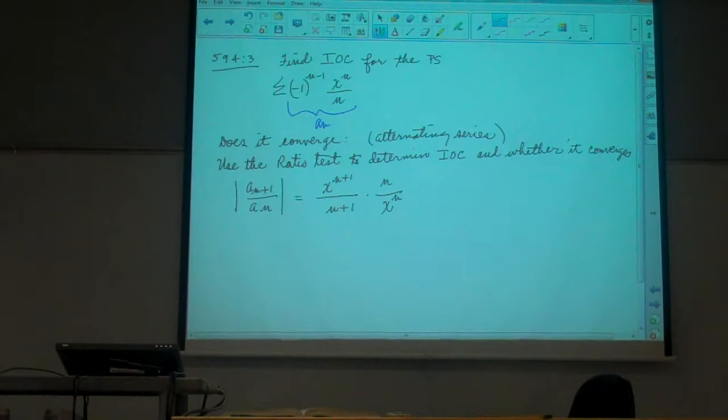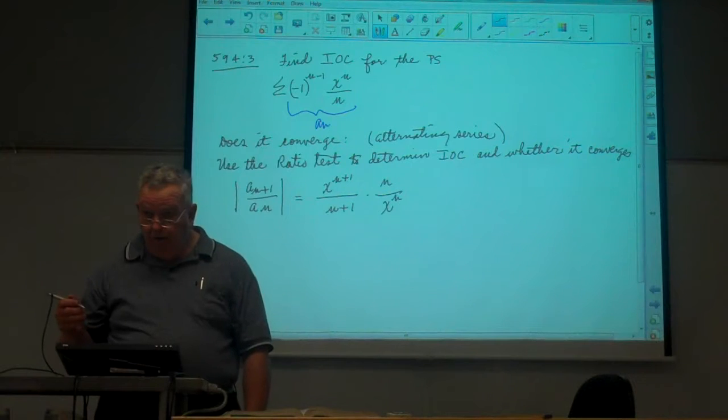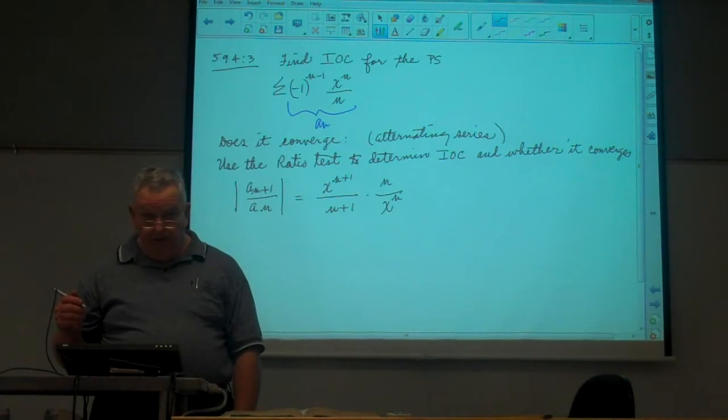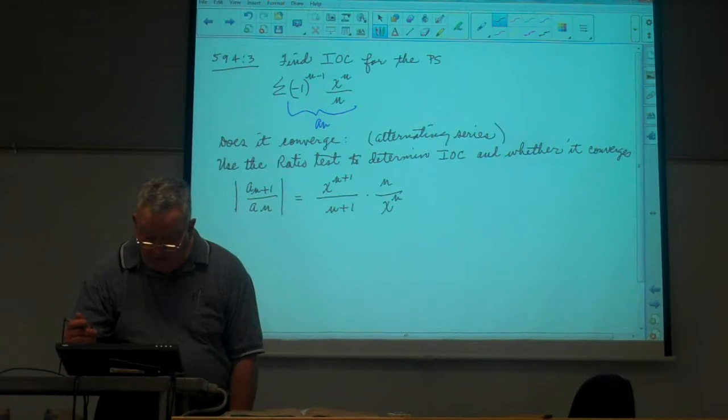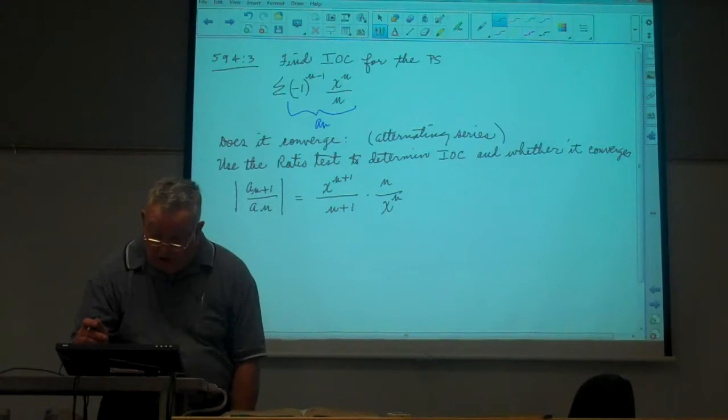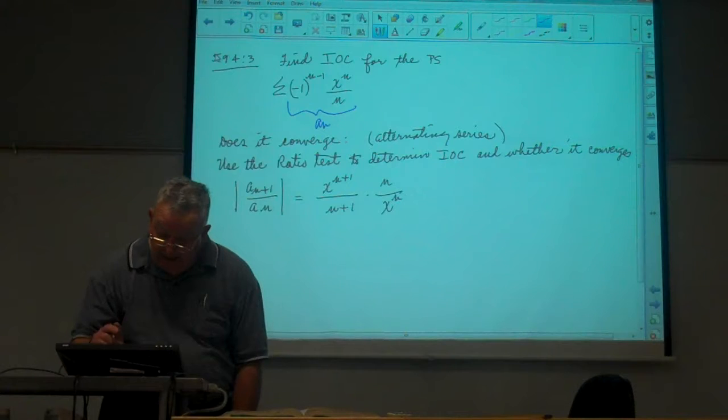Y'all remember I'm dividing, right? But when I write it, I invert the denominator and multiply. Everybody okay with that, I suppose? If you're not, I need to know right now. Everybody okay with that? All right.